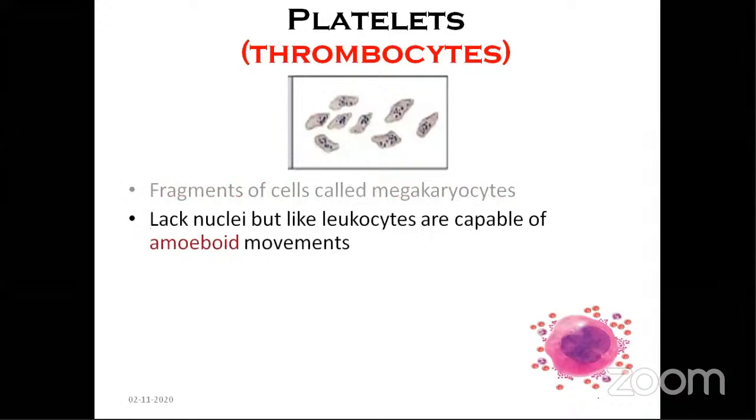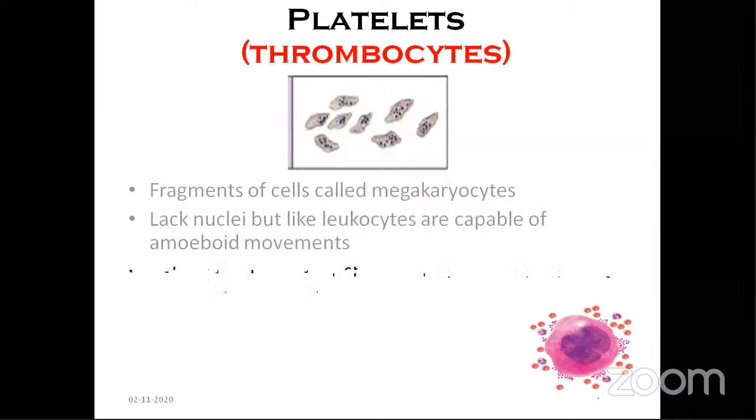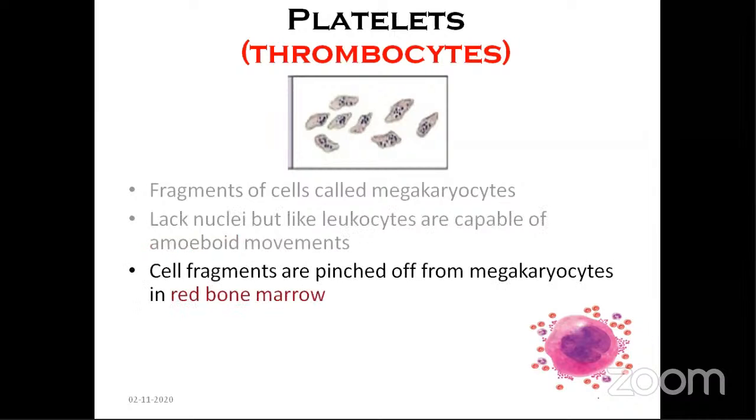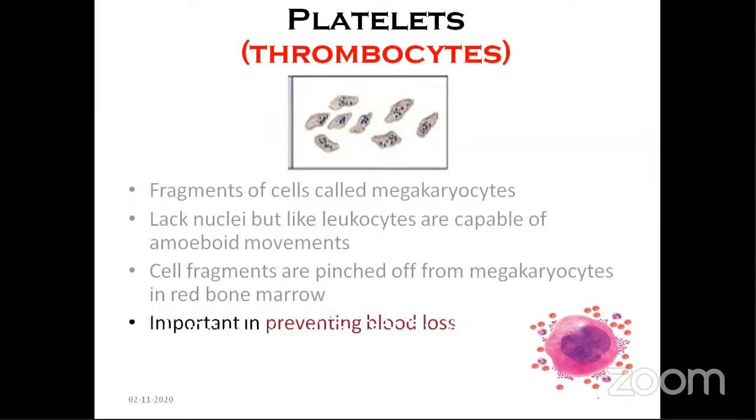They lack nuclei, but just like leukocytes, they can form pseudopodia, show phagocytosis, and are capable of amoeboid movement. These platelets are synthesized from the precursor cells called megakaryocytes within the red bone marrow, and they perform a very important function, which is preventing loss of blood.